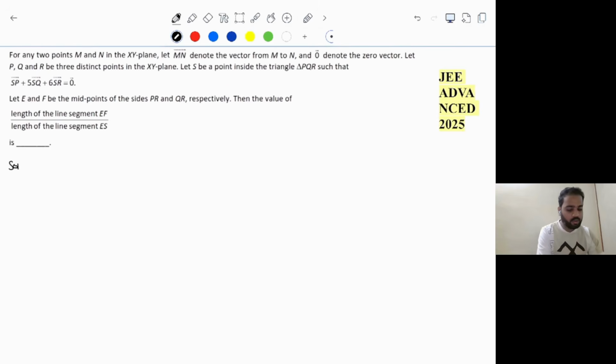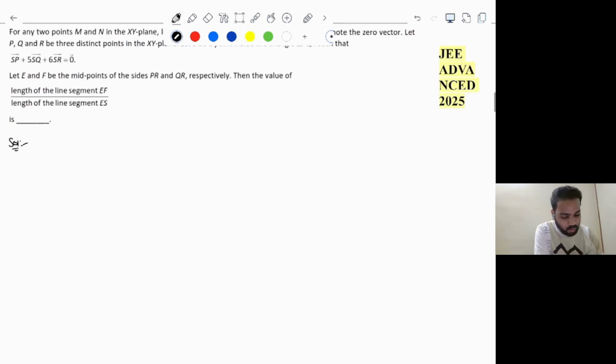So since they said that P, Q, R are three different points, let's take a triangle formed by the 3 points P, Q and R. So this is P, Q, and R. Okay.